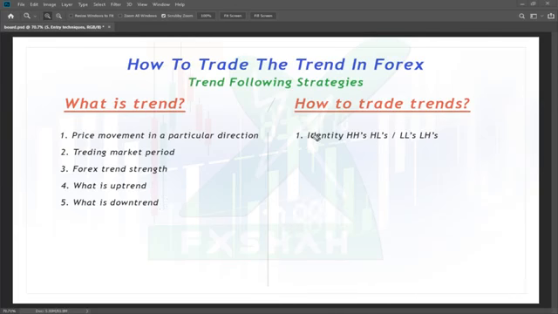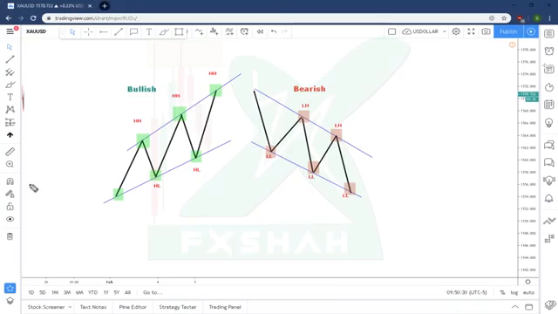So first of all, you have to identify those. If you have a market with movement of higher highs and higher lows, you know that we are in a trending market and we will trade in the direction of the trend. So first you have to identify a trend if you want to trade it, right?